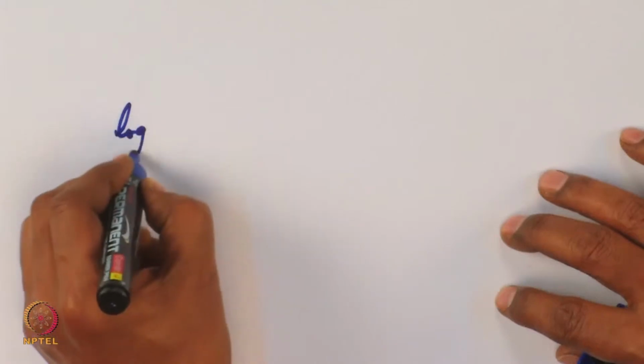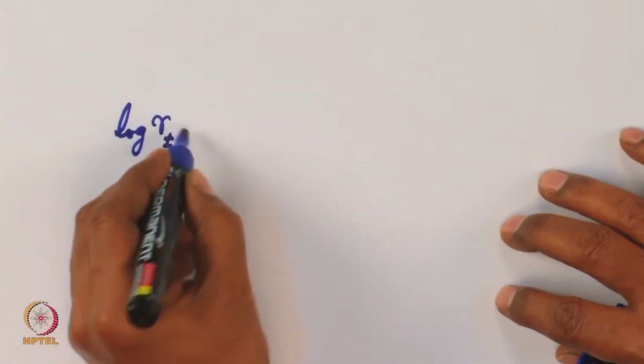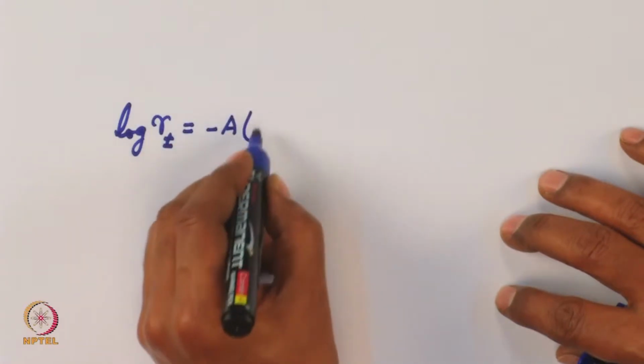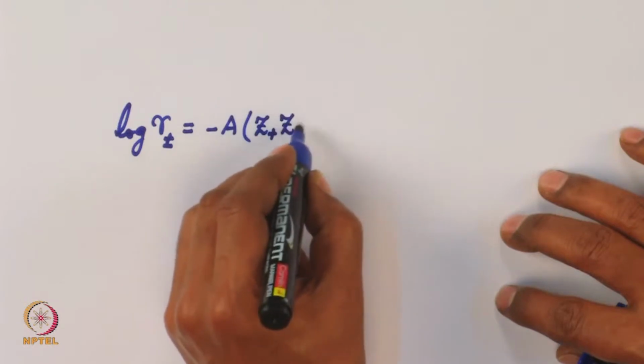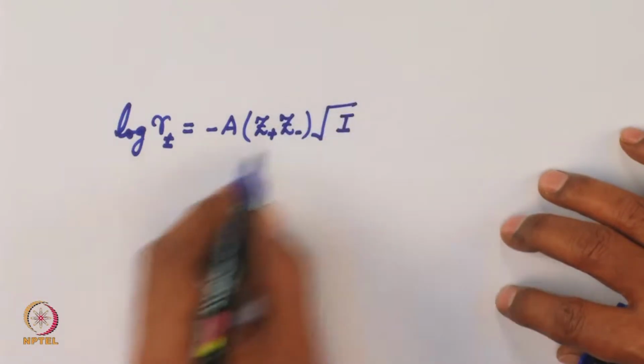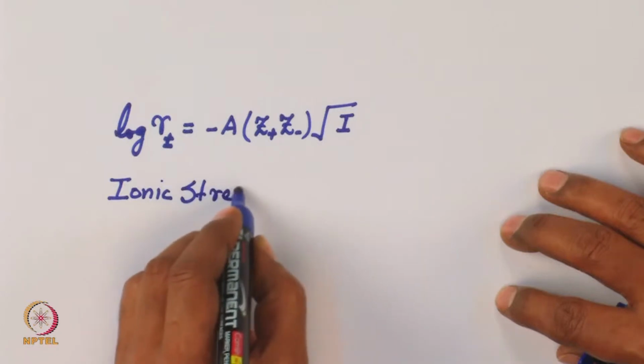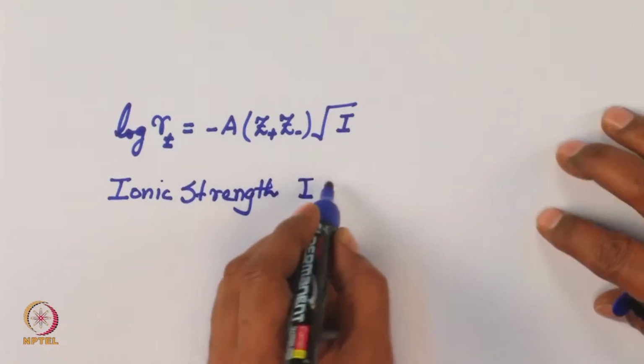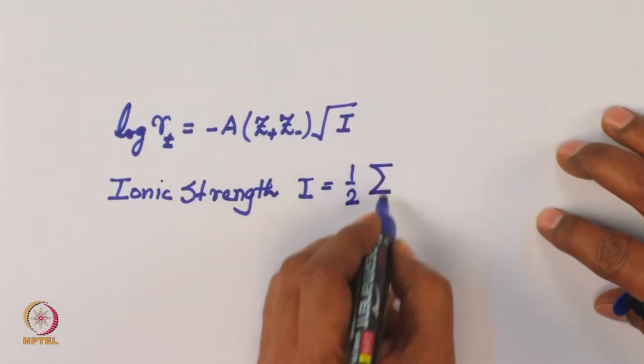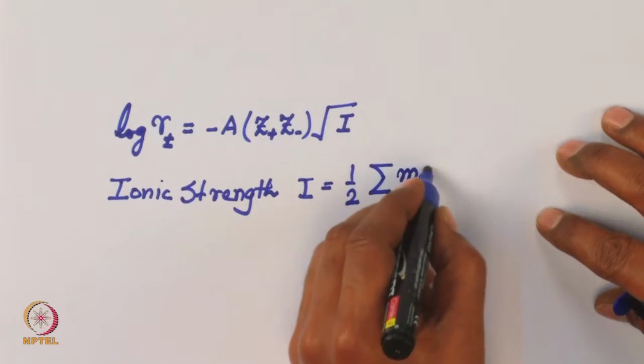We will discuss the Debye-Huckel limiting law a bit later, but I will just write an equation representing it, which is log base 10 gamma plus minus is equal to minus A into Z plus Z minus root I. I is ionic strength, which is equal to half summation i mi Zi square.